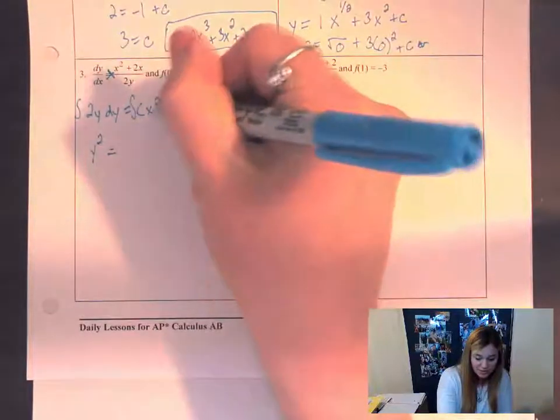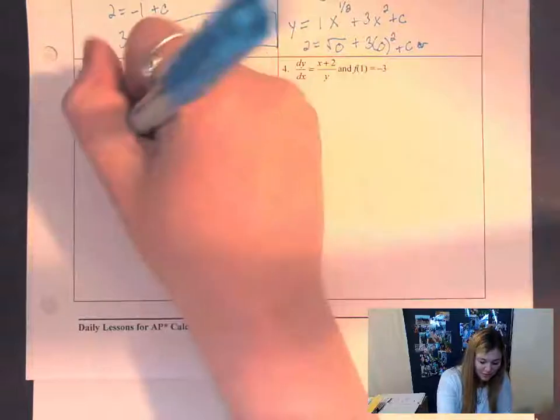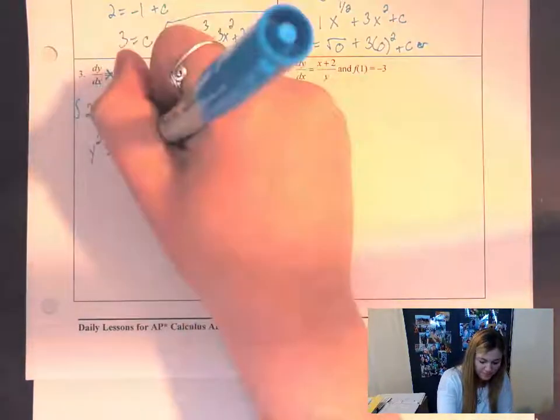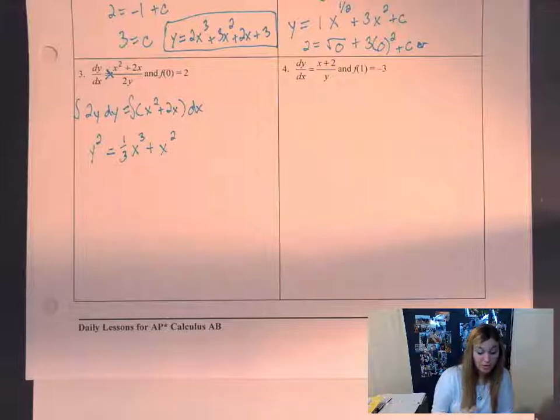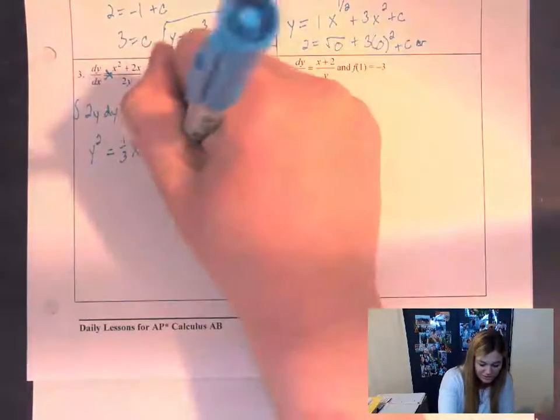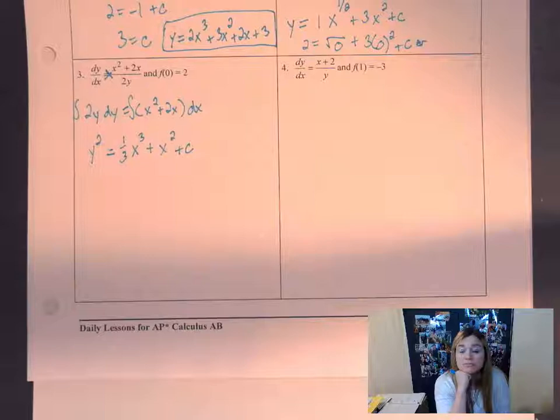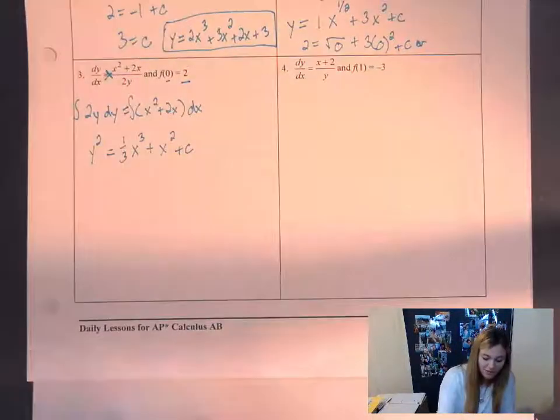Go through this process again. X cubed now, because I added 1 to the exponent and divide by my new exponent. Add 1 to the exponent, divide the coefficient by my new exponent. Don't forget about plus c. Now what? You sub in a value for x, you sub in a value for y.